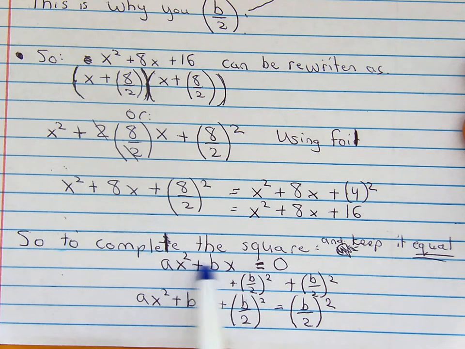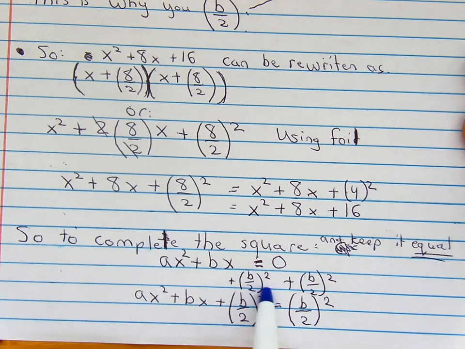And if you're in this situation here, in order to keep the equation equal and balanced, whatever you do to one side, you have to do to the other, so that way you do not change the balance of the equation.